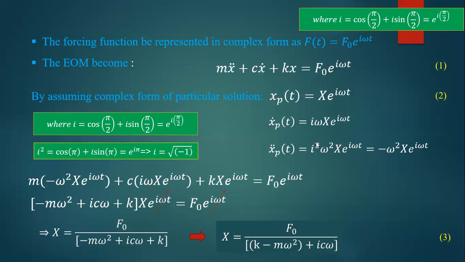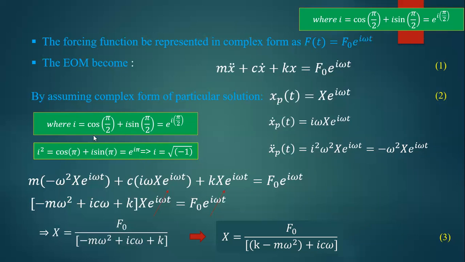Since i square is minus 1, we have minus omega square X e to the power of i omega t as the acceleration.